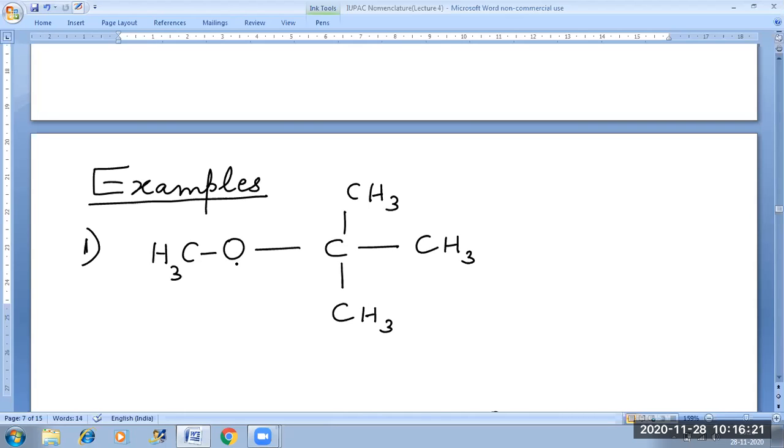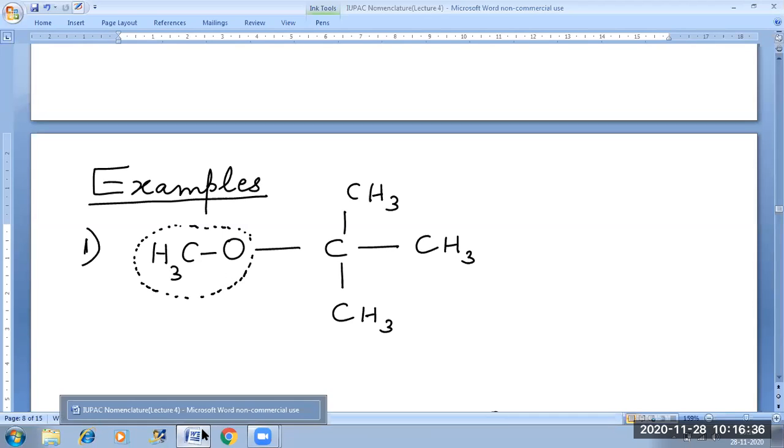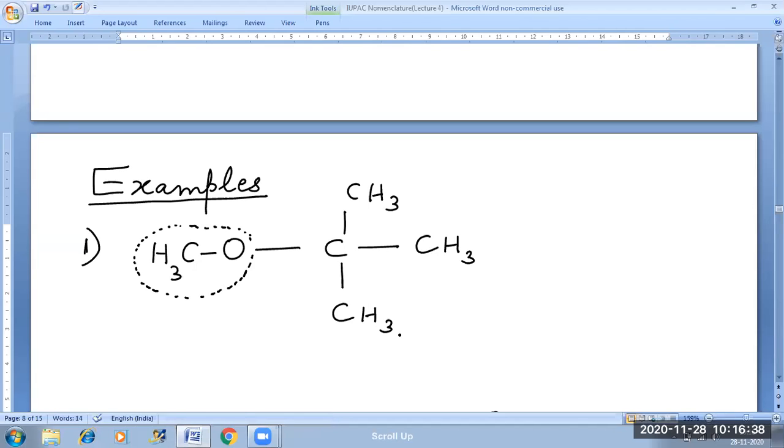Can I say that I am clearly able to see OCH3 present here? OCH3 is present in this compound.